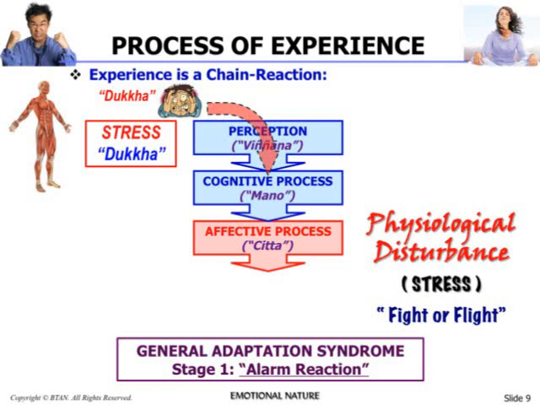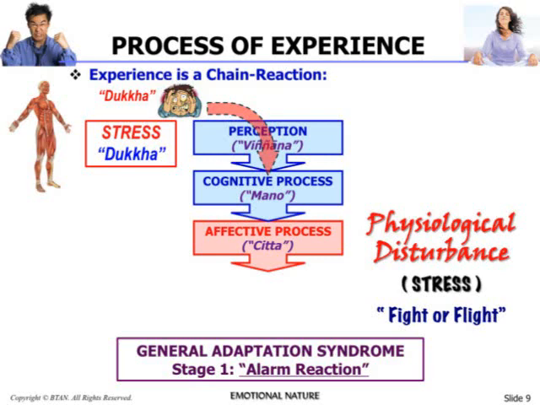And so this is actually sokha and parideva, according to the Buddha. It's grief and lamentation. This is really the beginning of suffering. Sokha and parideva, those 2 Pali words, are often translated as grief and lamentation. And this is stage 1, called the alarm reaction. It corresponds to stage 1 of this general adaptation syndrome.